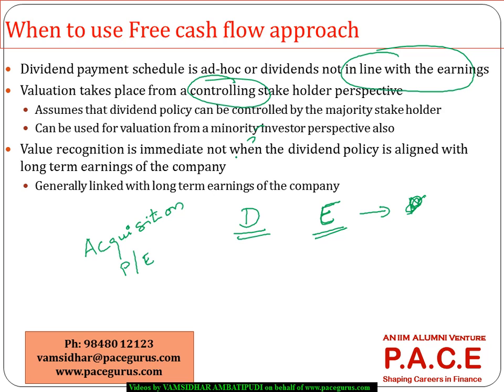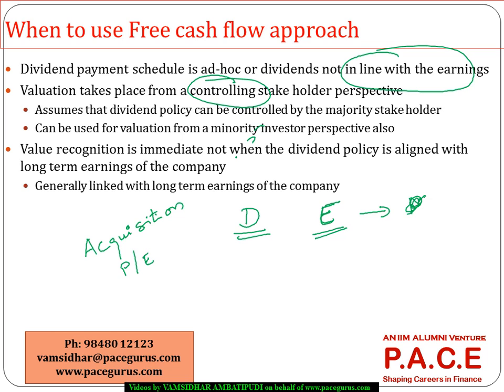Wherever the intention is from a majority or controlling stakeholder's perspective, it's not advisable to look at a dividend discounting model at all, because the dividend discounting model is purely based on dividend, which is generally set by the controlling stakeholder itself. So if I am evaluating one level above, I can think of the controlling stakeholder having the flexibility to alter the dividend payment policy also.